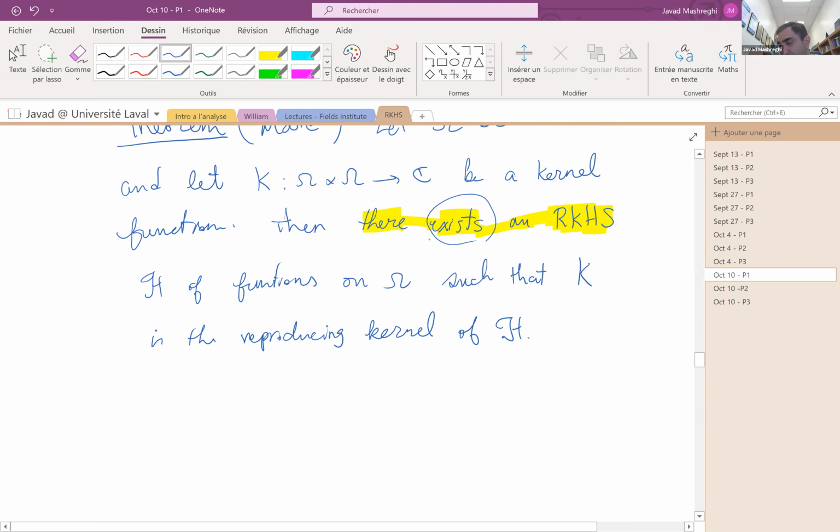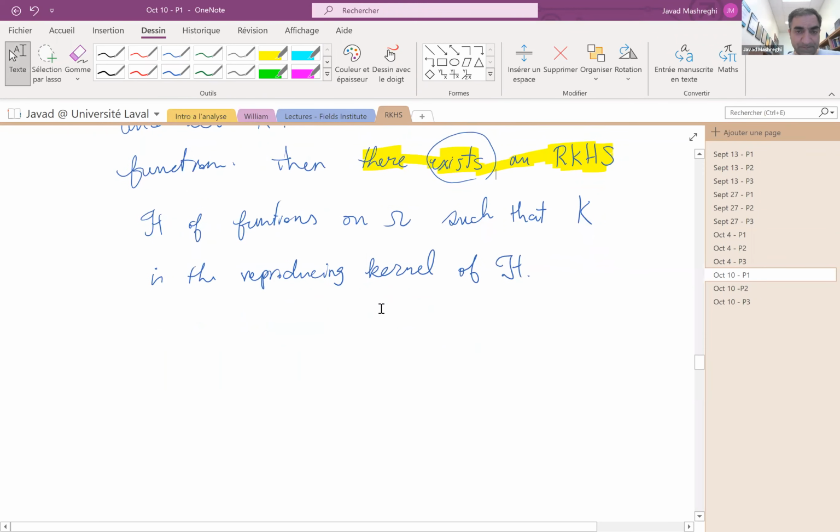If you had the chance to listen to Joe Ball talk a few weeks ago, he talked about HB spaces. And the way he gave the definition was, he gave the reproducing kernel. In other words, he gave a K, which was positive, and then concluded that there is a functional space for that. And the functional space is precisely the de Branges-Rovnyak space. We will see this in more detail later on.